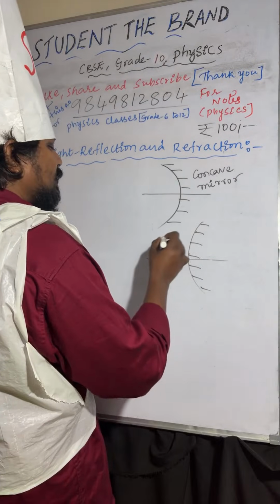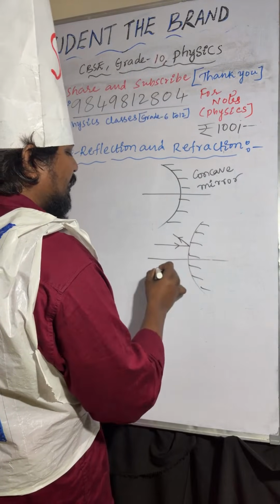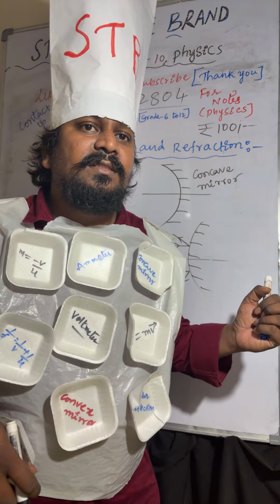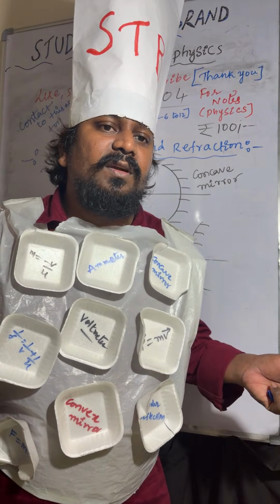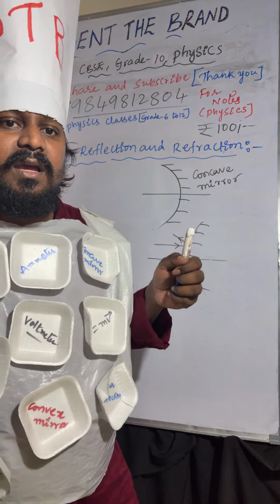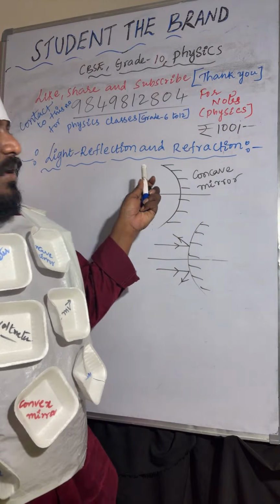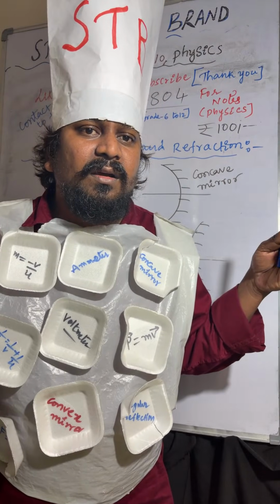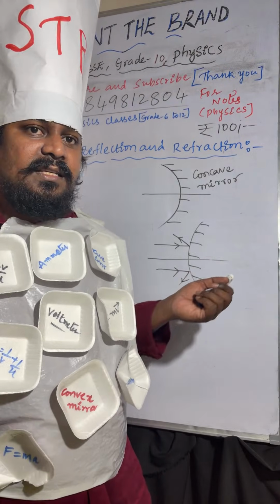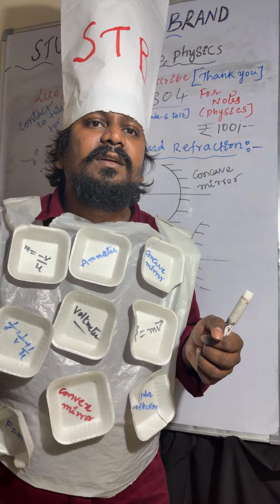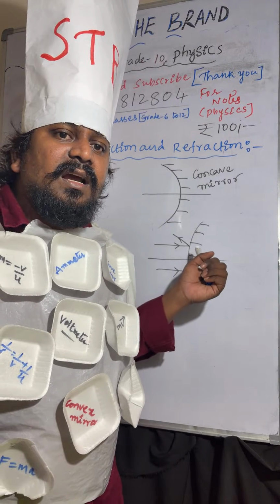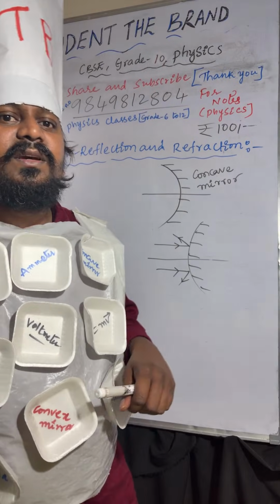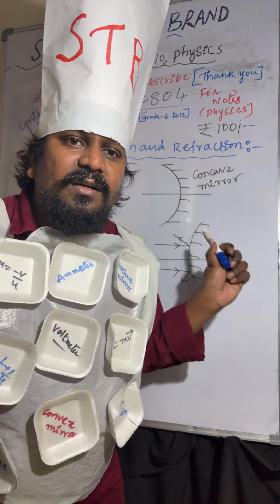In the other case, reflection will be outward and silver coating will be inward. So in a concave mirror the reflecting surface is inward and silver coating is outward. This one is concave mirror, and this one is convex mirror.